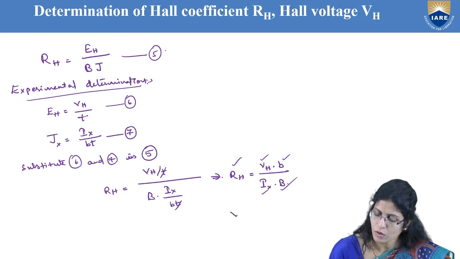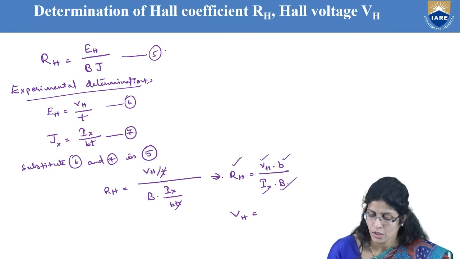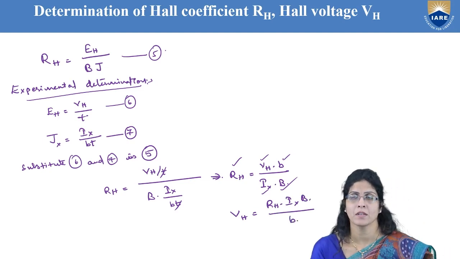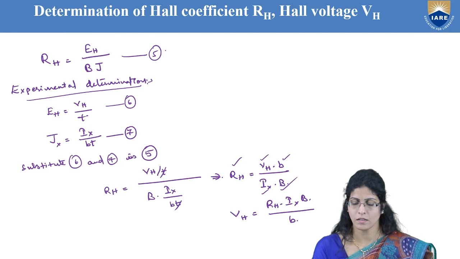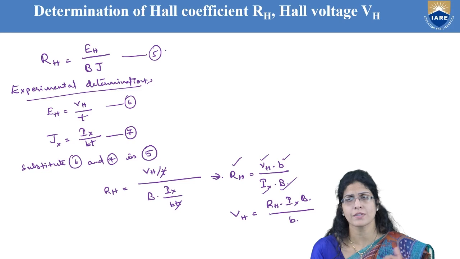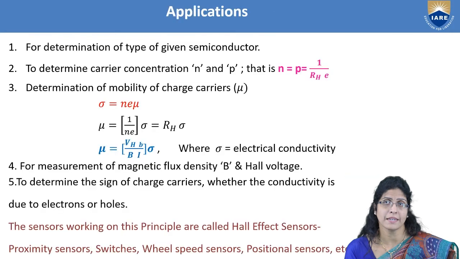Suppose you know the Hall coefficient, and if you want to understand how the Hall coefficient is acting towards the formation of the voltage, then you can write VH is equal to RH IB by the width B. So using these parameters, you can nicely understand several electrical properties of this semiconductor.